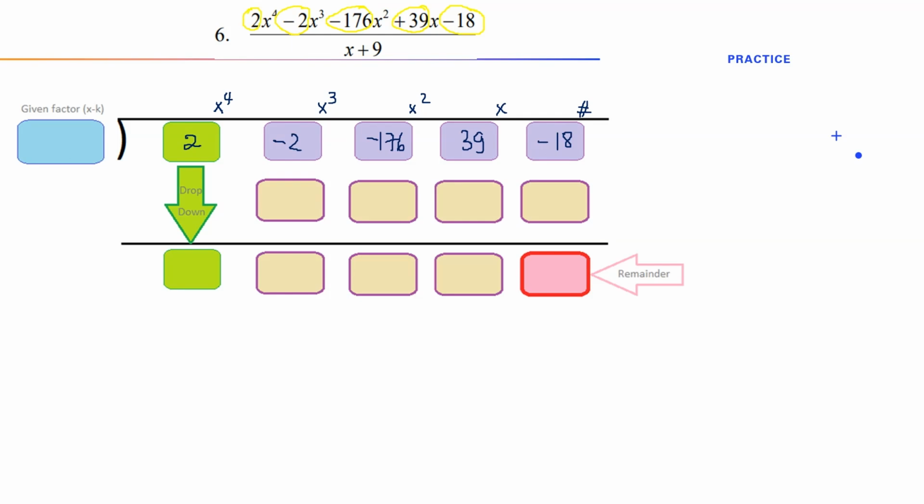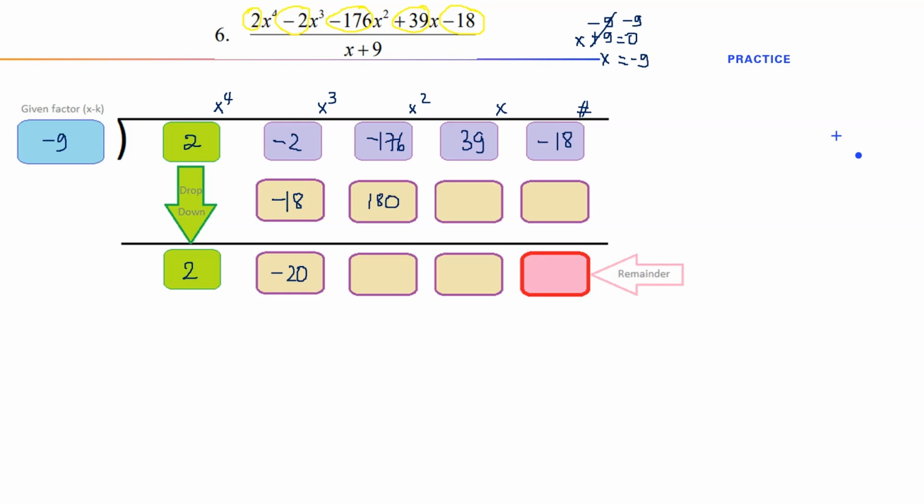And now we find k. So x plus 9 equals 0. x equals negative 9, because we subtract 9 from both sides. So negative 9 in here. So we drop down the first one. So 2. Then 2 times negative 9 is negative 18. We add negative 2, it's more negative. So negative 20. Negative 20 multiplied by negative 9 is positive 180.